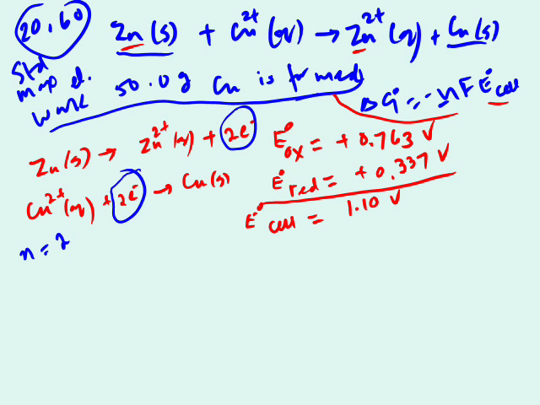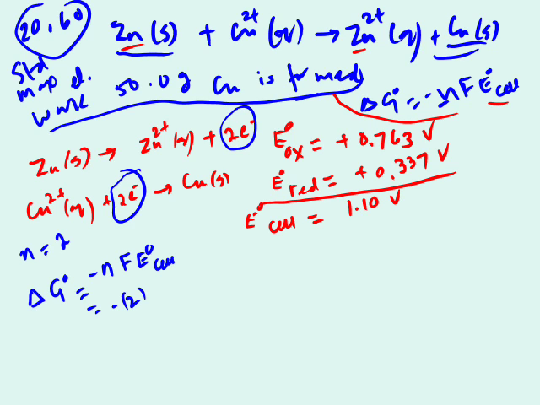That means 2 moles of electrons are transferred when the above reaction forms 1 mole of copper. So let's write down that delta G0, which gives you the electrical work, would be given by minus nF E0 cell.